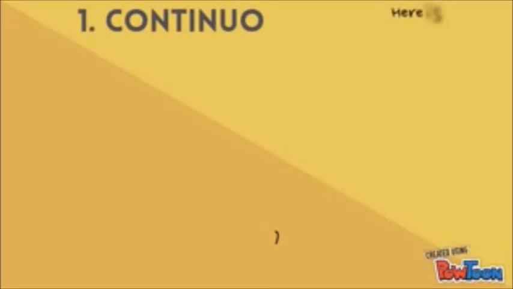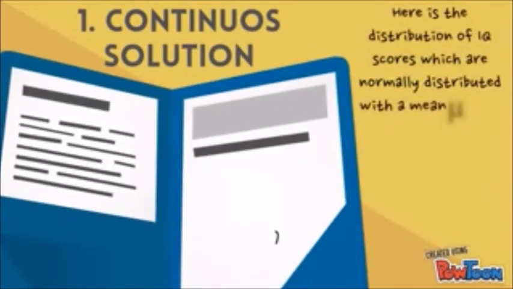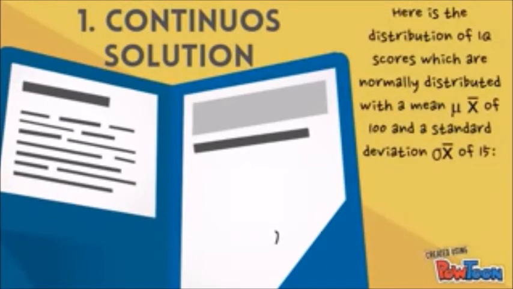Consider the distribution of IQ scores, which are normally distributed with a mean of 100 and a standard deviation of 15.